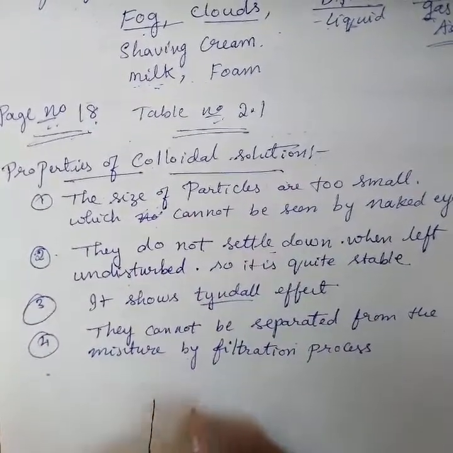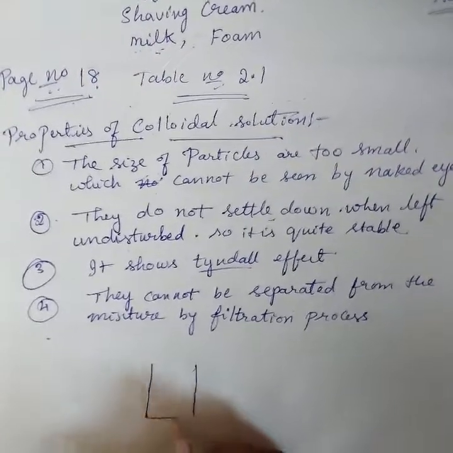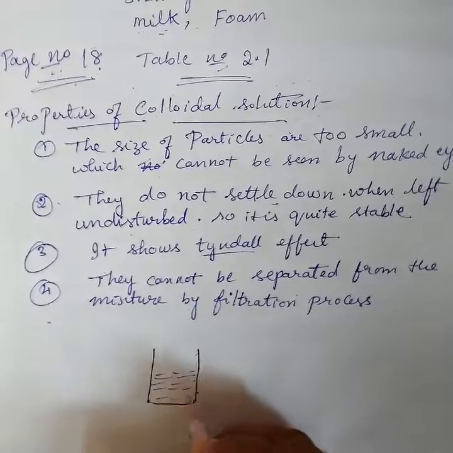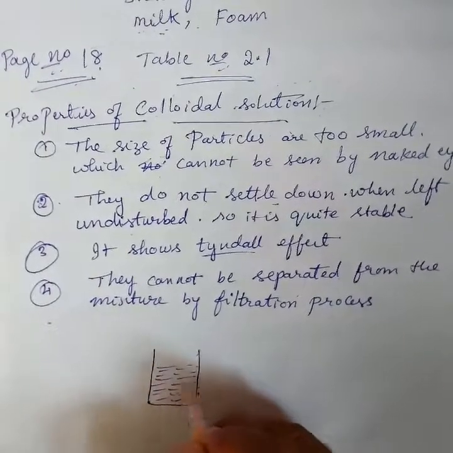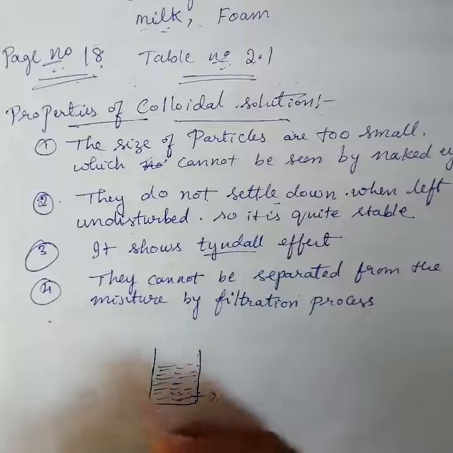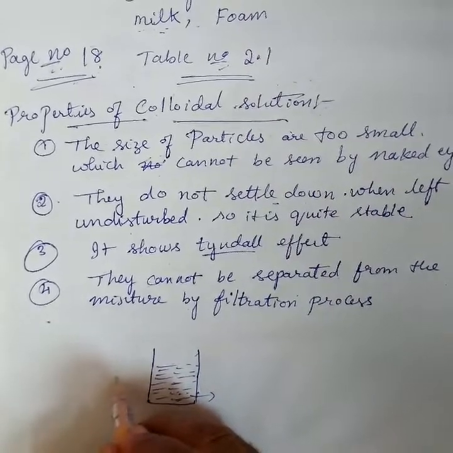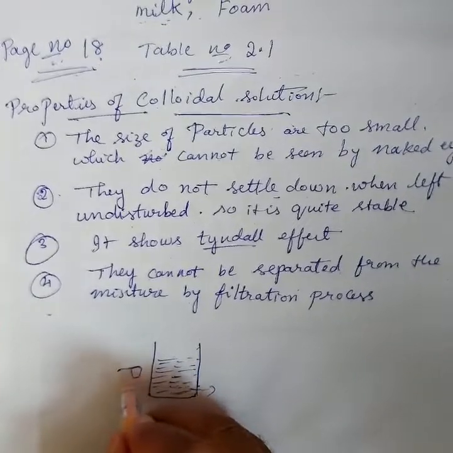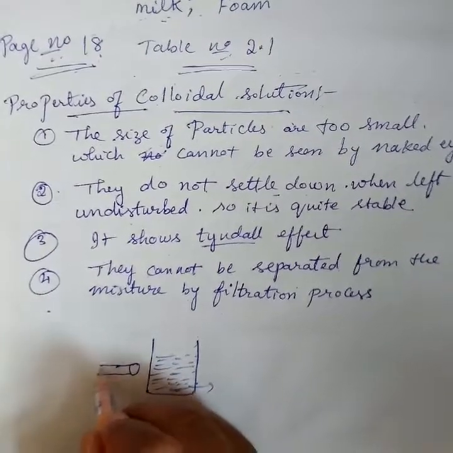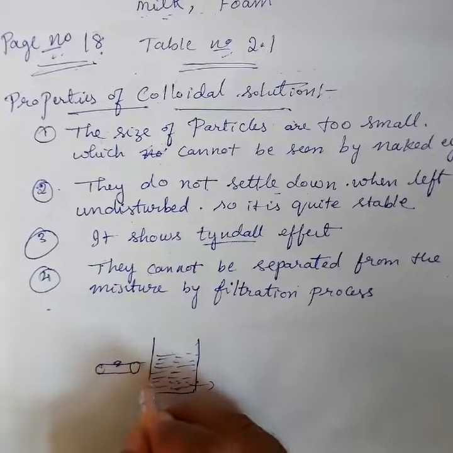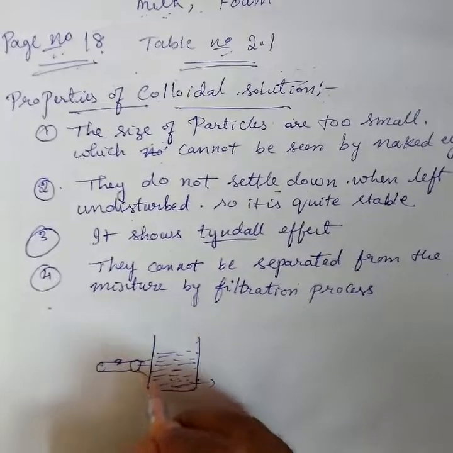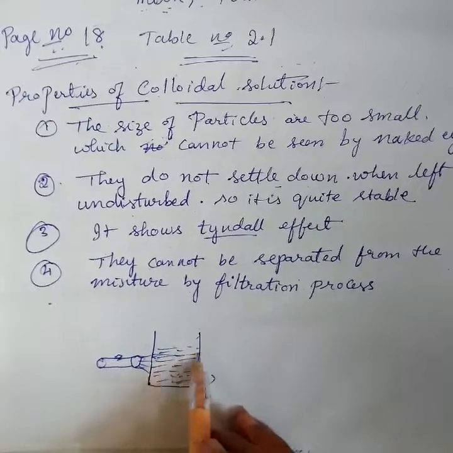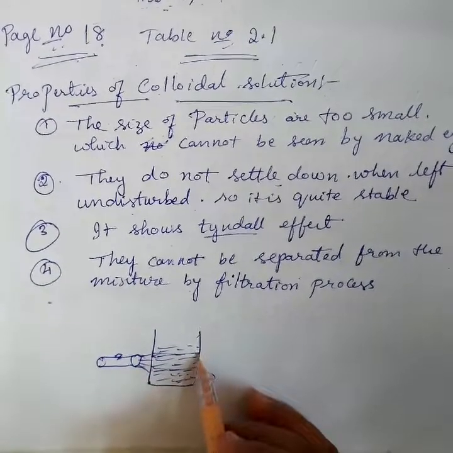Take an example of a colloid, a glass of milk. If we pass light through this milk with the help of a torch, what does it show? It shows the scattering of the beam of light like this.